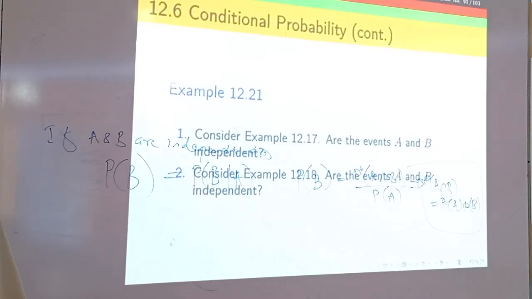You can check this once you calculate the conditional probability and unconditional probability. If they are the same, then the two events are independent. Otherwise, they are not independent, that means dependent. I will just leave that for you to do.